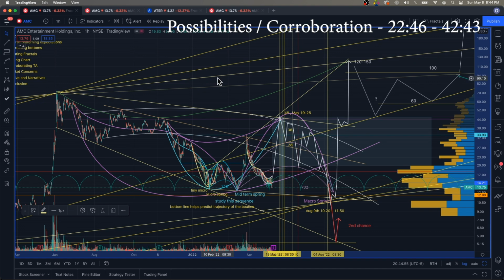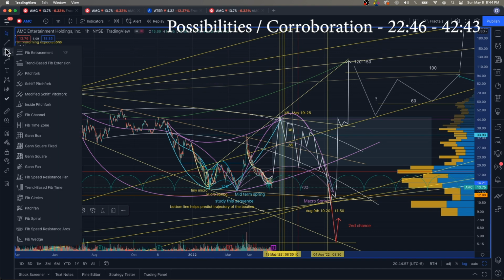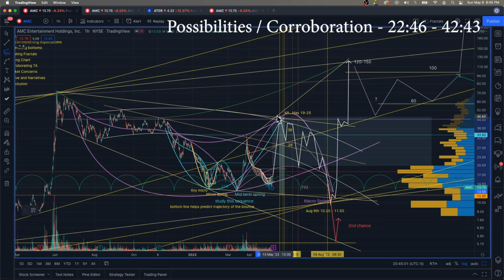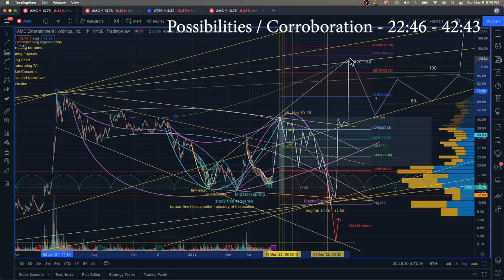Well, I went ahead and looked at Fibonacci levels, and I did a trend-based Fibonacci. I said, well, what happens if you go from here to here to here? And it's almost a 368 move, which if you guys remember, is pretty similar to what we had here in June.